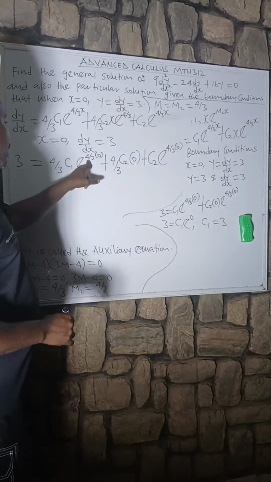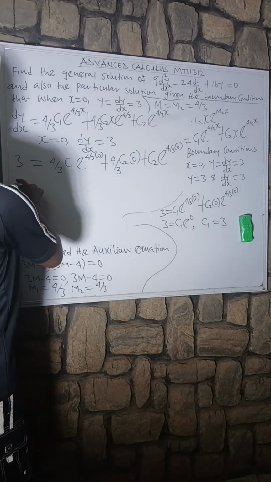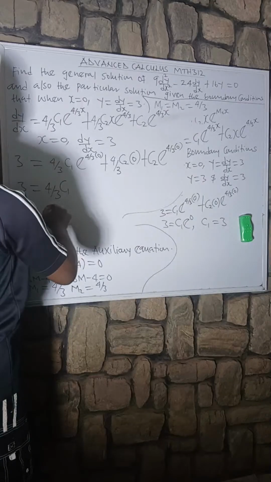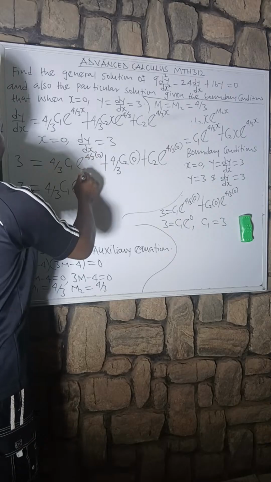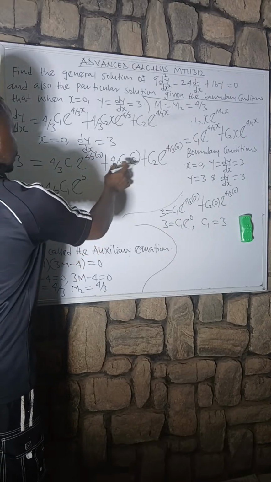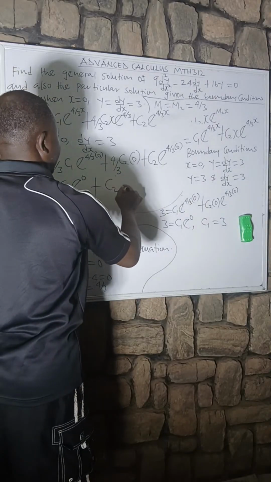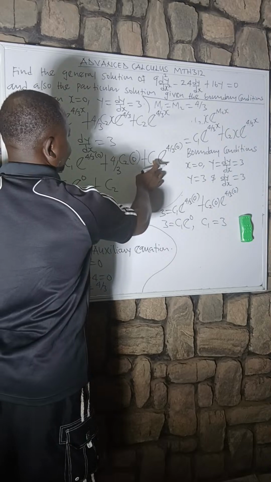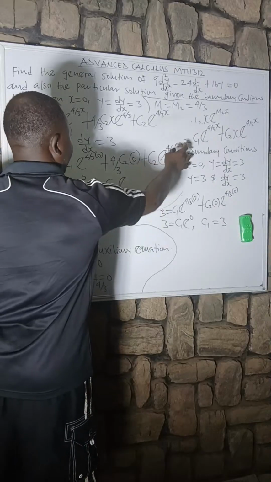Mind you, let me break it down. There will be 3 equals 4 over 3 C1 exponential 4 over 3 times 0, which is 0. Then all of this is 0. Then plus, this place here will be what? This times 0 is 0.